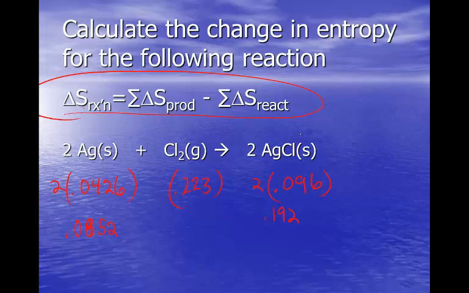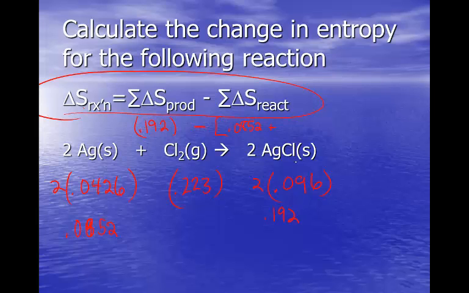But then remember, we have to do the sum of the products minus the sum of the reactants. So the sum of the products is 0.192, minus the sum of the reactants. Let me double check that one. 2 times 0.0426 is 0.0852. I did it right.